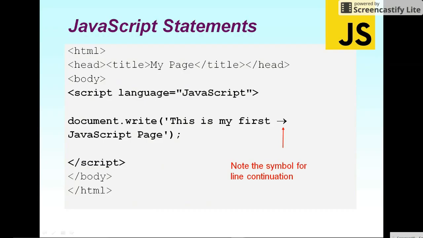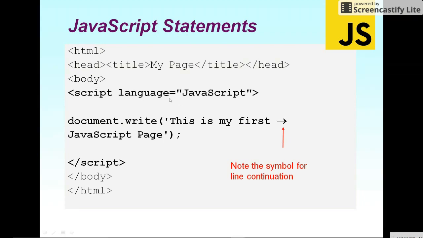So moving further, this is a simple JavaScript statement. Here we can define JavaScript with a simple HTML tag, that is the script tag. We don't need to write language equal to JavaScript, but we can define it. The programming logic comes between those script tags, the opening script tag and the closing script tag.